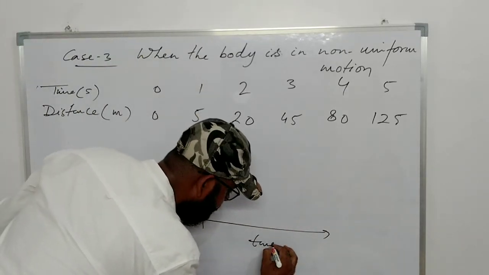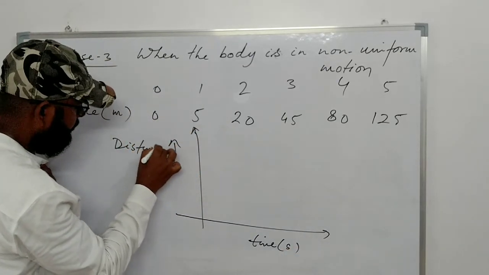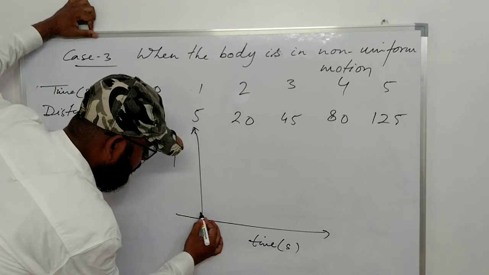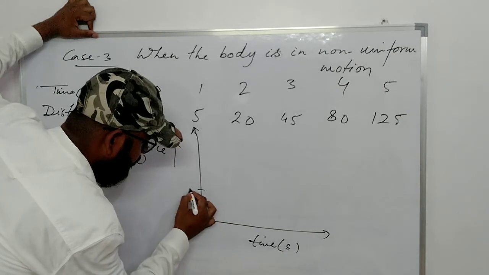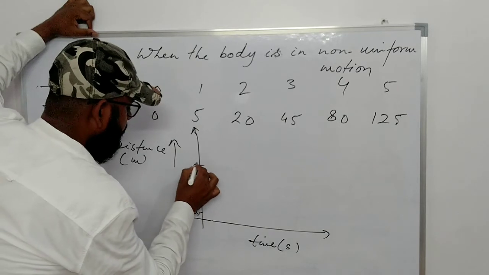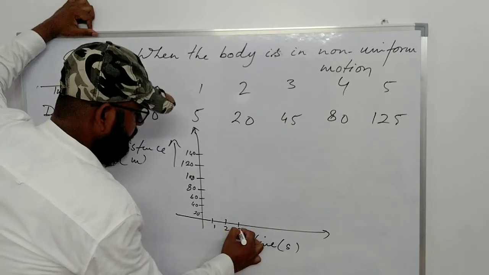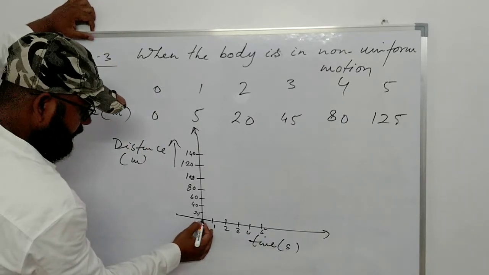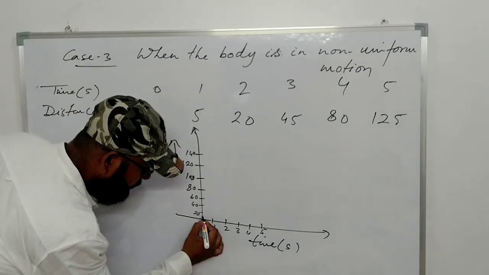Here time in seconds, here distance in meters. At 0, suppose 20, 40, 60, 80, 100, 120, 140. Here 1, 2, 3, 4, 5. At time 0, it is 0. At time 1 second, it is 5.